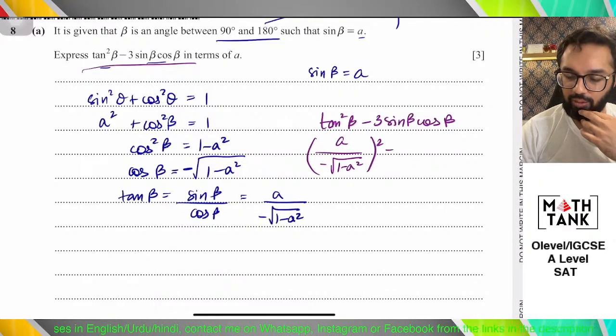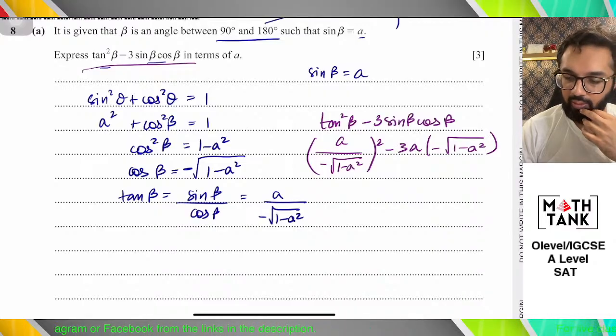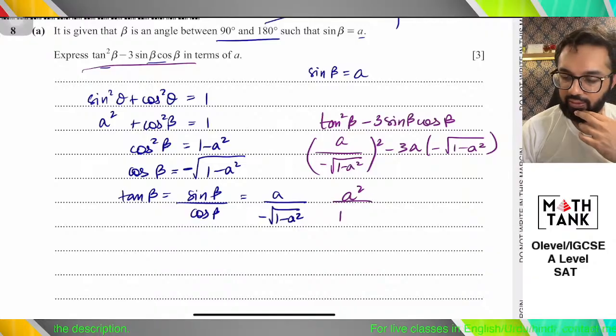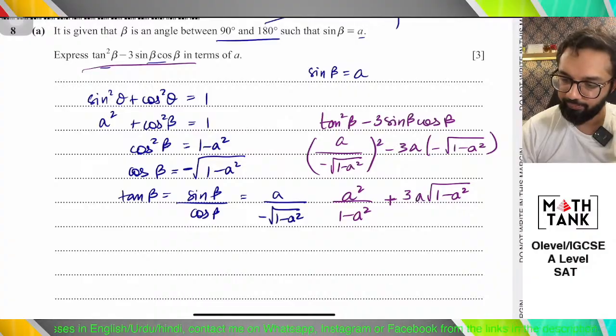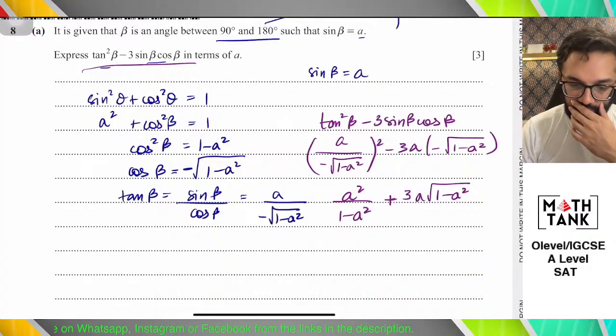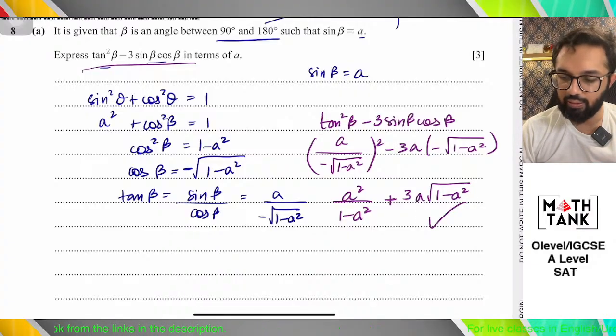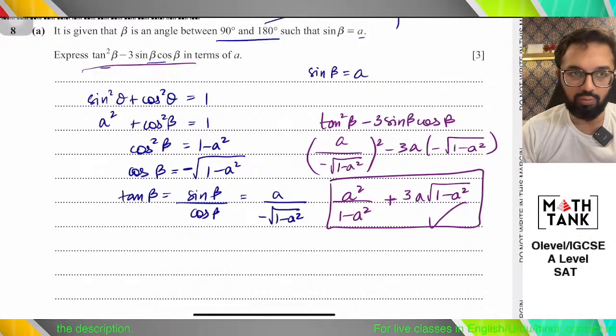Okay, so the negative becomes a positive and the root gets cancelled. So A square over 1 minus A square, and this also becomes a positive, plus 3A root 1 minus A square. Yeah, I think I can't simplify this further, and that should be the entire answer. Yes, that is indeed the correct answer for this question.